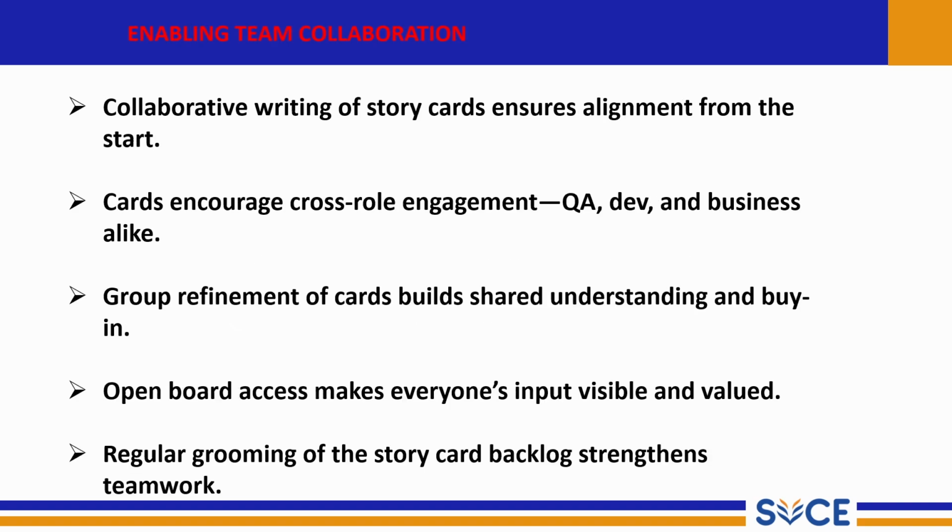In the next slide, we'll see enabling team collaboration. Collaborative writing of story cards ensures alignment from the start. Everyone contributes to shaping the stories. Cards encourage cross-role engagement: quality assurance, development and business alike.